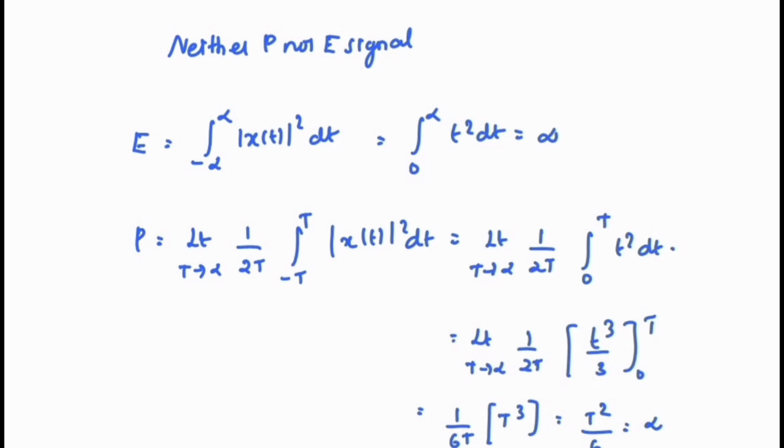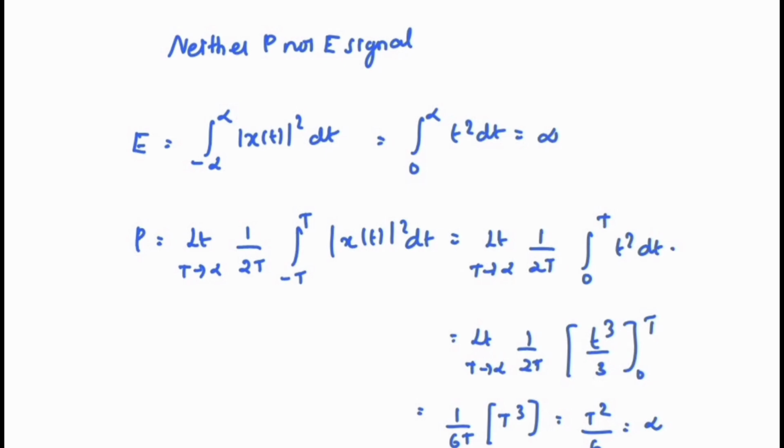Suppose I want to find the value for power: the limit of 1 by 2T times the integral from minus T to T of x of t whole square dt. Right? This is the formula. Since it is u of t, it ranges from 0 to T, t square dt.